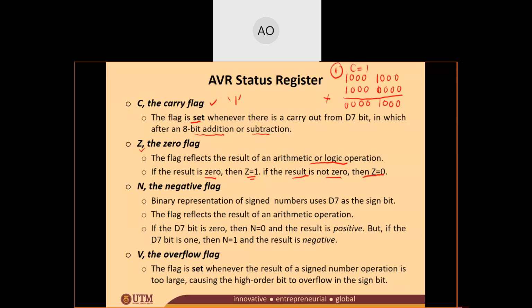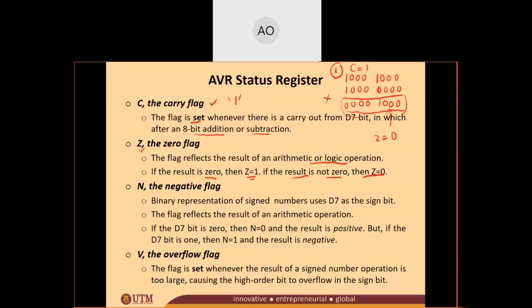For example, you do this addition, and then you see this result here. You have a value inside here. So automatically Z equals 0, because the content after you do the arithmetic operation has a value inside. So Z equals 0.